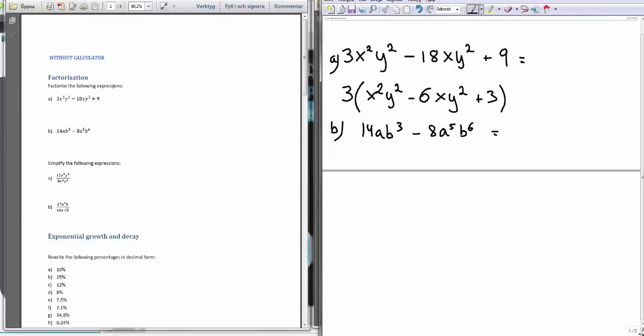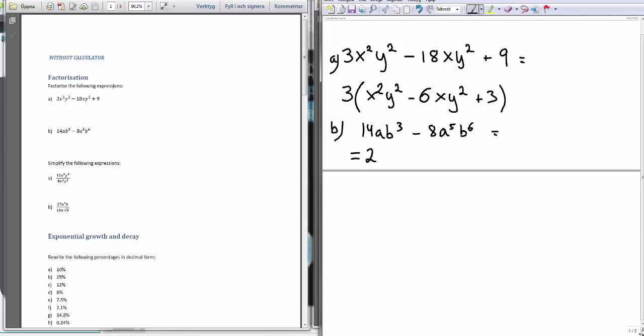So we can rewrite this as, let's start with the number. So what's the highest common factor in 14 and 8? Well, it's actually just 2, because we can't find a 3 or 4 or higher in both these numbers. So I'm going to write 2.